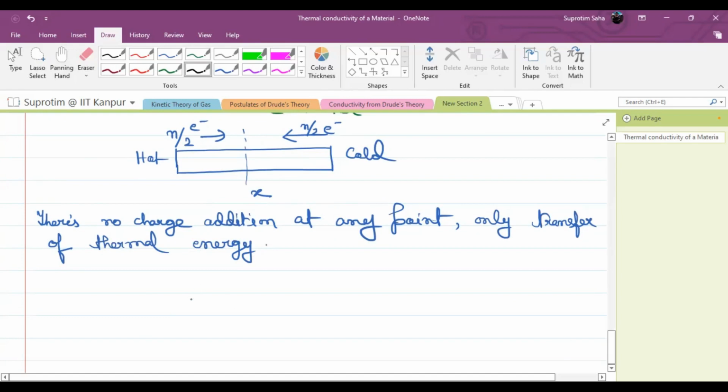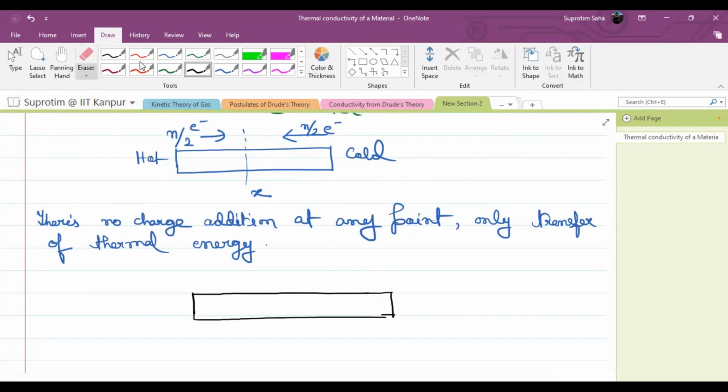So, for the final time, we're going to derive it from now. This is your sample. This is your hot end. This is your cold end.